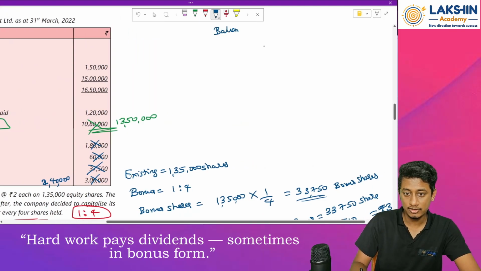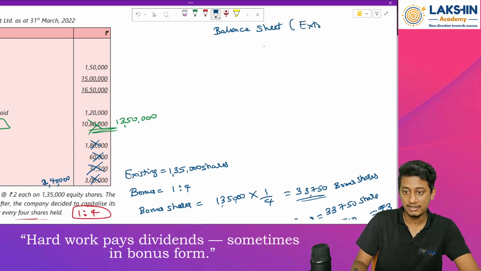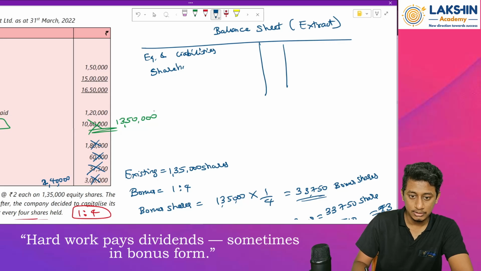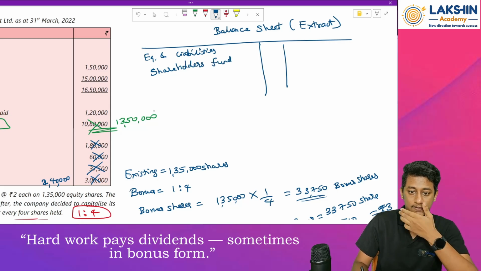Balance sheet of so and so company. Just mention in the brackets extract. So first we have what? Equity and liabilities, so my heading. In this we have shareholders fund.